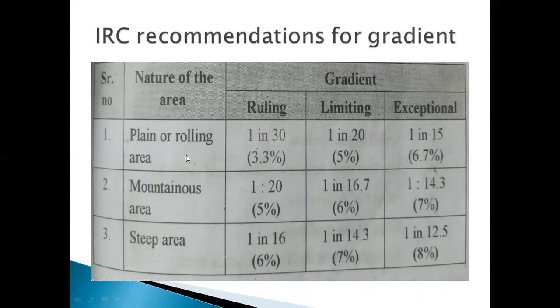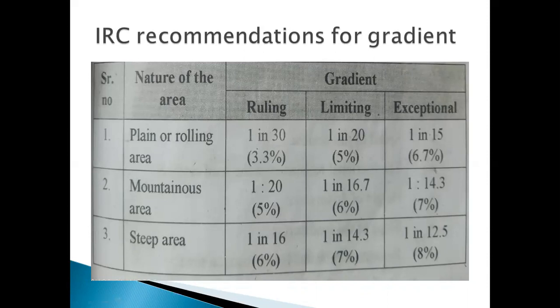For plain or rolling area, the ruling gradient is 1 in 30, that is slope 1 in 30 or 3.3%. In percentage, the gradient is 3.3%. Then for mountainous area, the ruling gradient is 1 in 20, that is 5%.